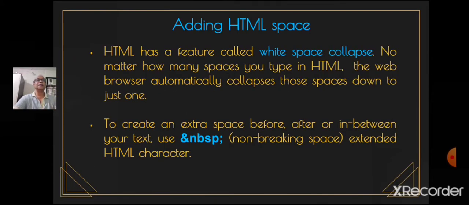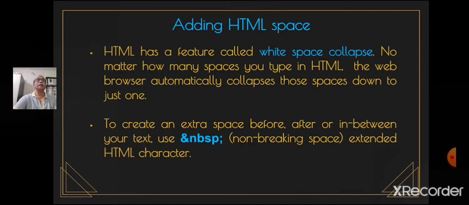HTML has a feature called whitespace collapse. No matter how many spaces you type in HTML, the web browser automatically collapses those spaces down to just one. Now children, what does this mean?